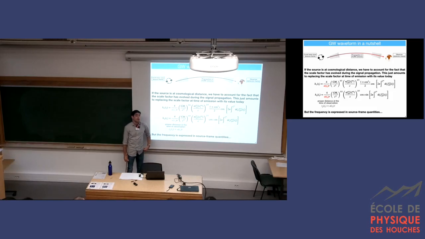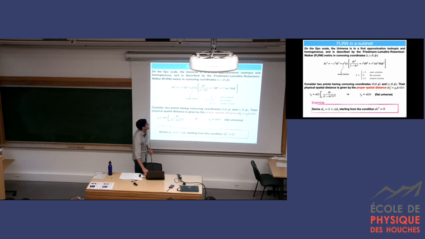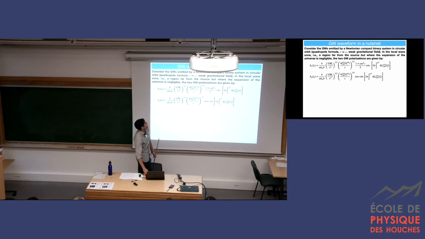The scale factor in the previous slide was related to the expansion of the... I thought this was mere quadrupolar without cosmology involved, but there is an a of t_e. Yes, because here I'm considering this polarization in the local wave zone, where I'm assuming that I'm already sufficiently distant from the source that the scale factor starts becoming important.